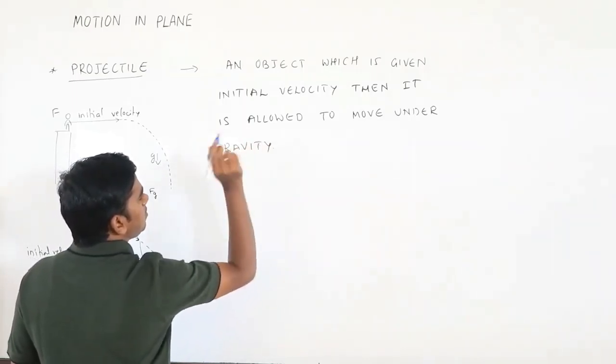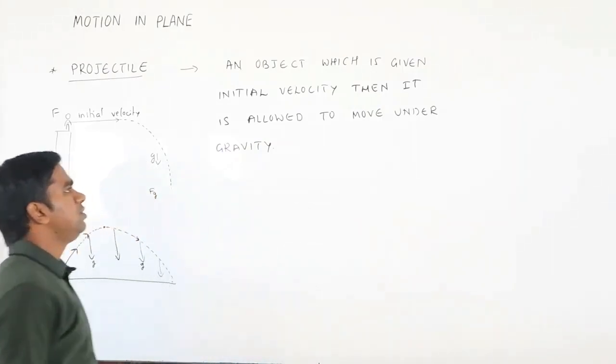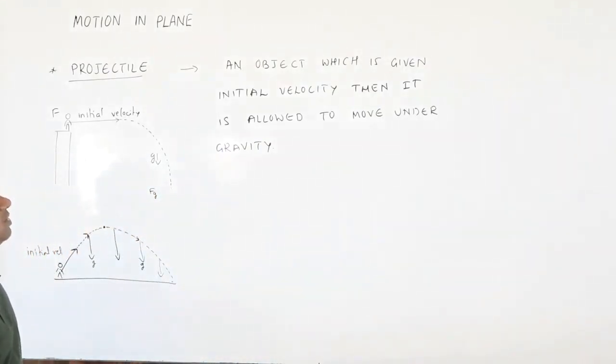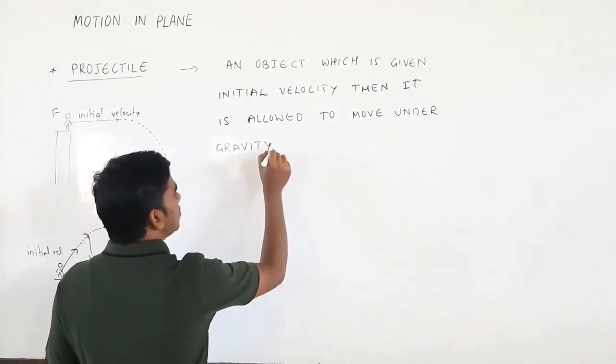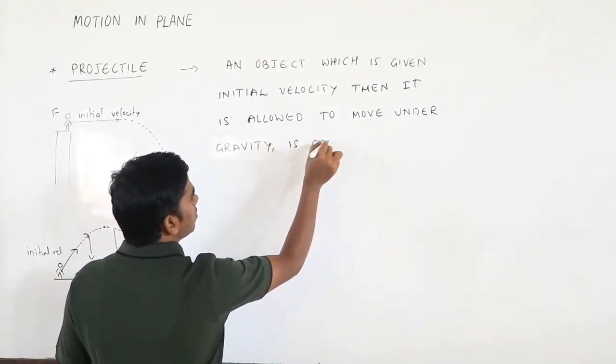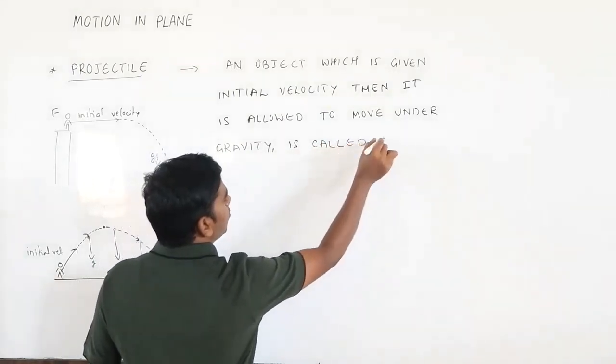So an object which is given initial velocity, then it is allowed to move under gravity, that is called a projectile.